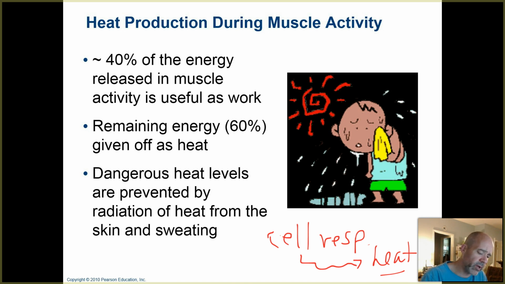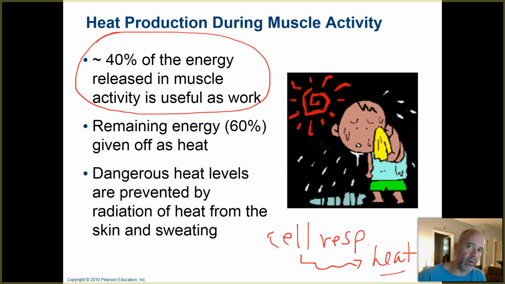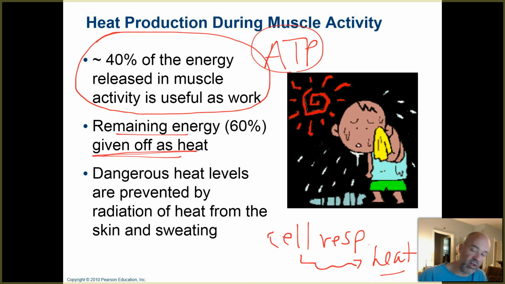Now our skeletal muscles are pretty good at harnessing energy. About 40% of the energy from our nutrients is actually captured and used to make ATP that can power things the cell needs to do, but about 60% of it is lost in the form of heat.